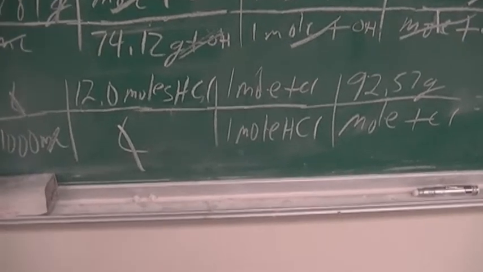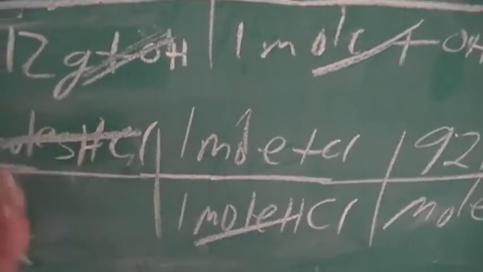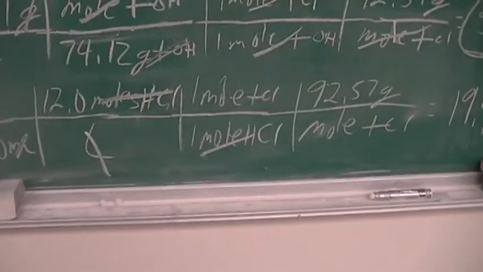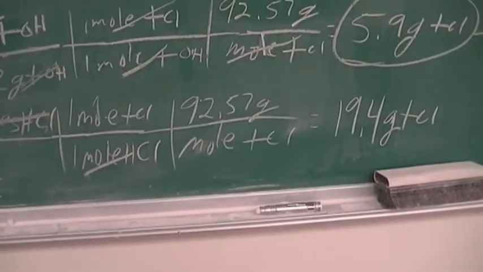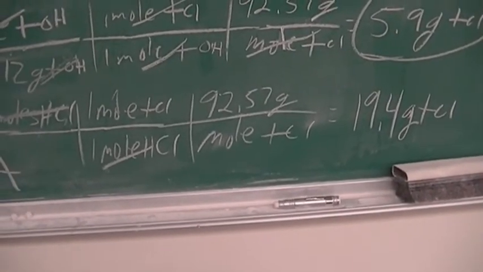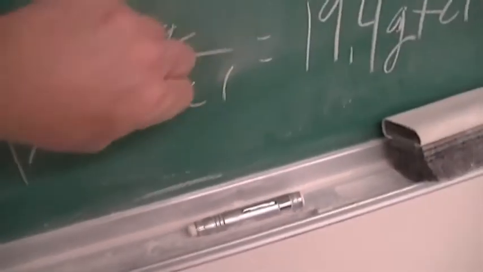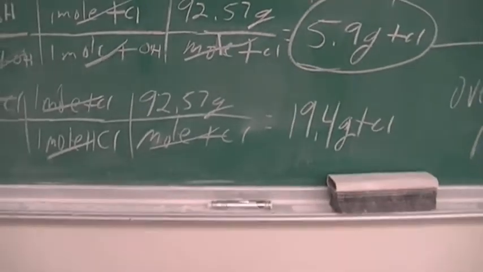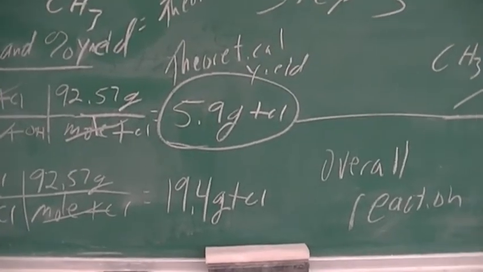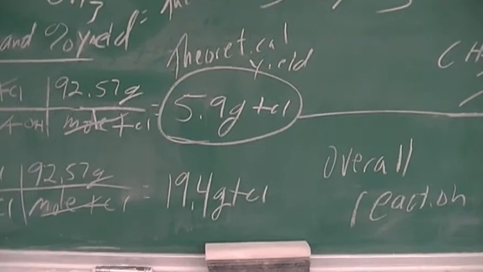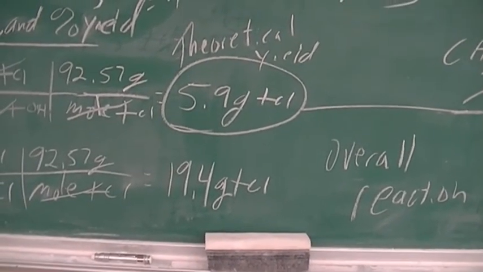So 1 mole of HCl produced 1 mole of T-butyl chloride. Moles of HCl cancel. And we have the same molar mass: T-butyl chloride's molar mass, 92.57 grams per mole. Moles of T-butyl chloride cancel. And so now you have the mass of T-butyl chloride that can be produced from 17.5 mils of HCl, and that is 19.4 grams of T-butyl chloride.